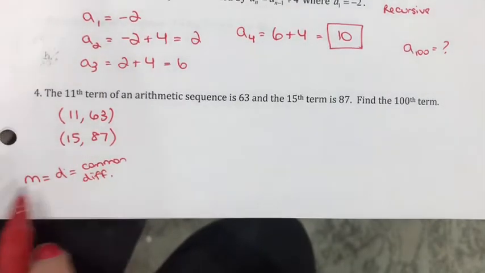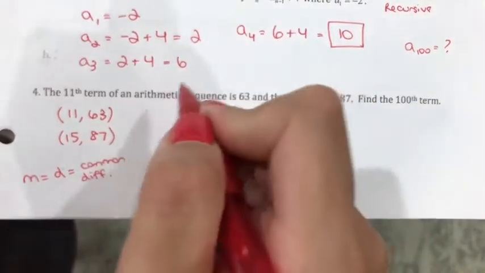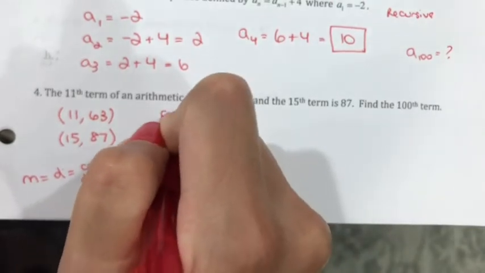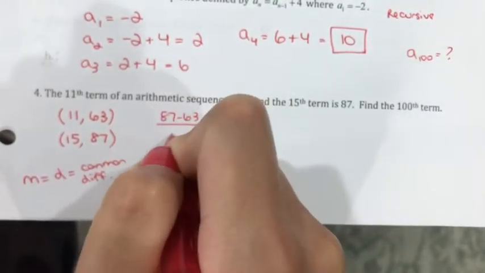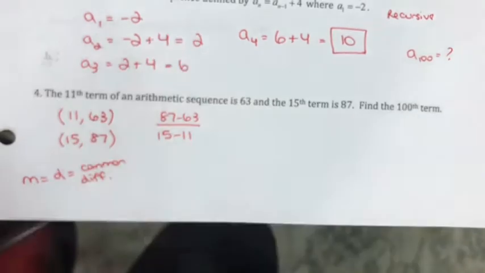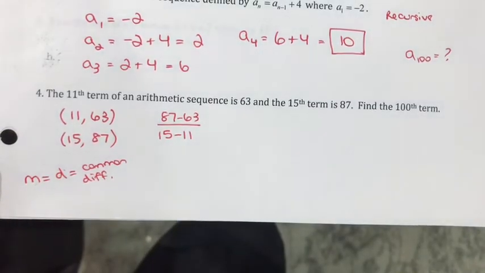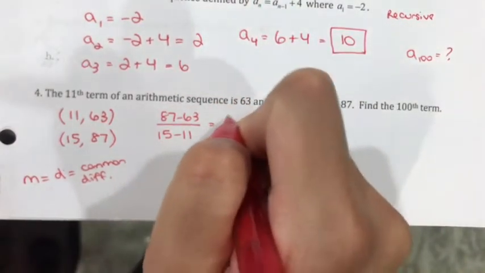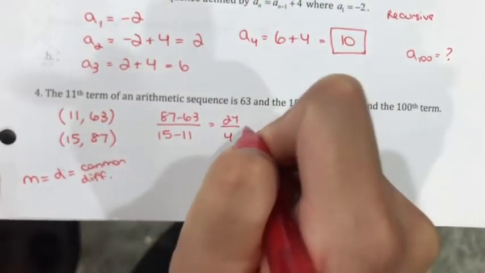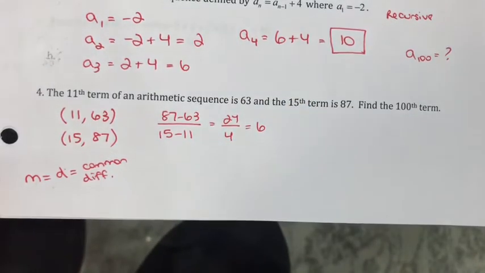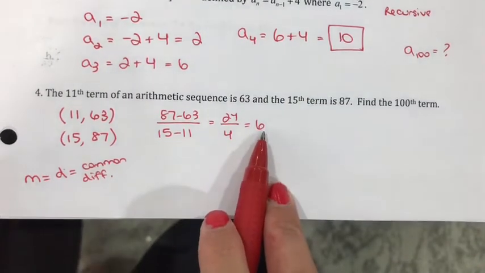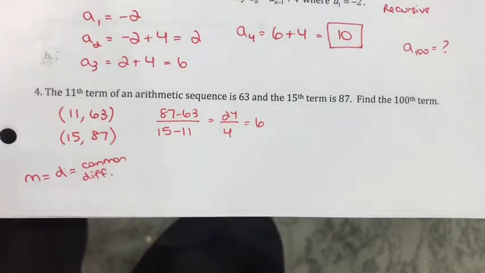So if I were to find the common difference, which is the slope, so do some quick subtraction here. So we have a common difference of 6. That means it's going up by 6 each time.